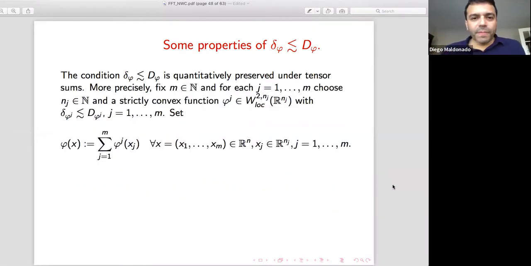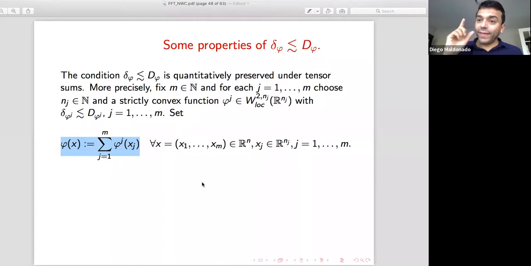More importantly, if I have two functions, here, fixed n1, n2, in two dimensions, and on each space Rn1, Rn2, you have one of these functions that have the property, and then you add them, but in the tensorial way. You do this.